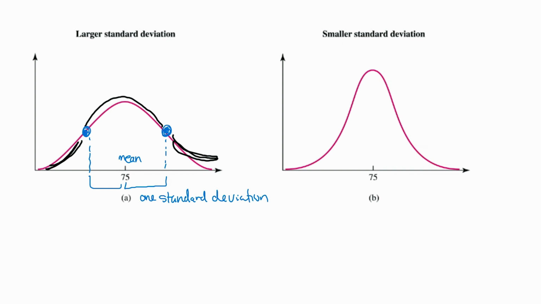Now, the larger the standard deviation, the more wide and spread out that graph is. If you notice in graph B, our inflection point looks to be about right here. This part here looks concave down, and then this part here looks concave up. Now, the standard deviation for this would be from here to here. The wider the standard deviation is, the wider that bell curve is going to be.